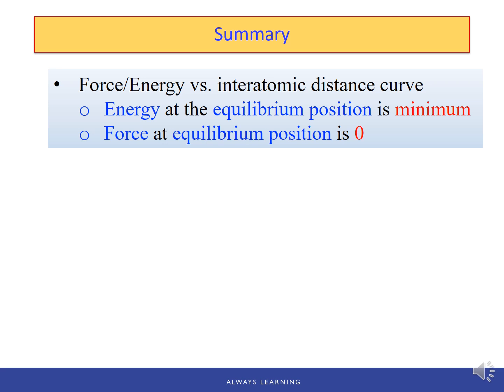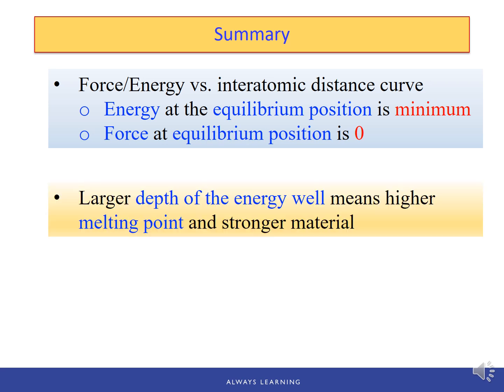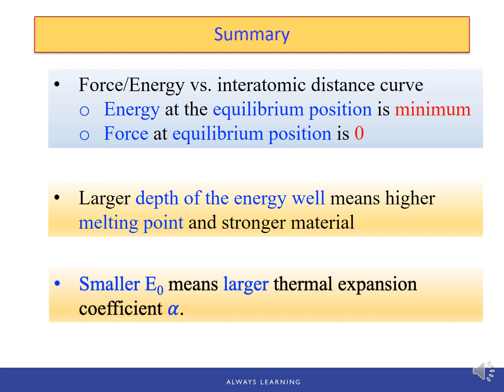Always keep in mind that when we mention the equilibrium position, the net force is 0. Larger depth of the energy well, meaning larger bonding energy, means a higher melting point and a stronger material. Smaller bonding energy means a larger thermal expansion coefficient, alpha.